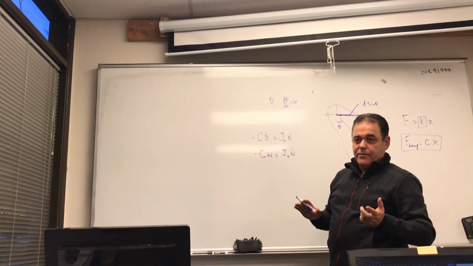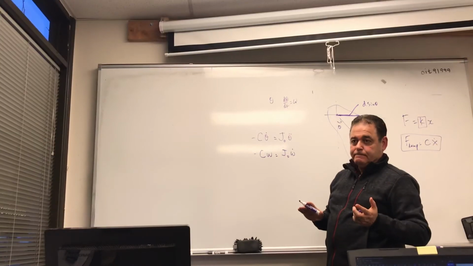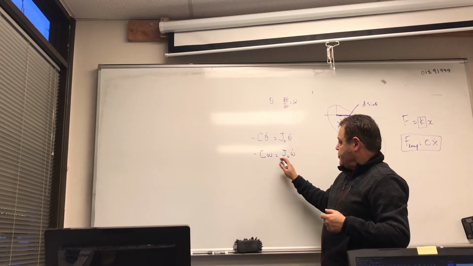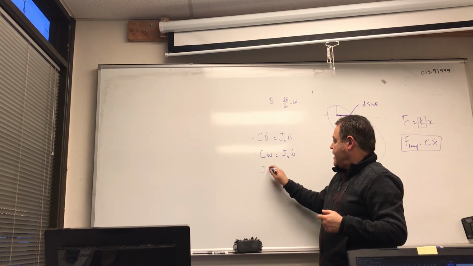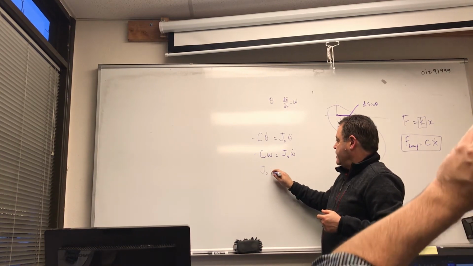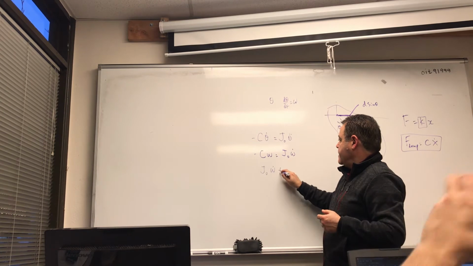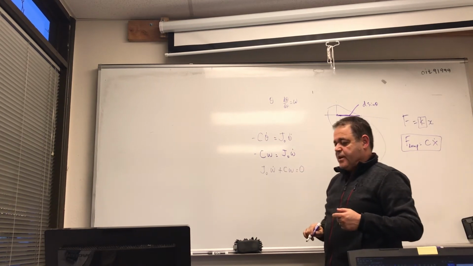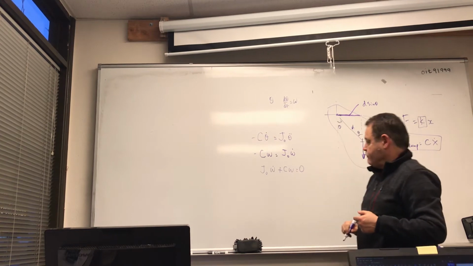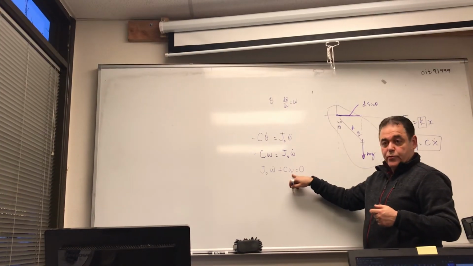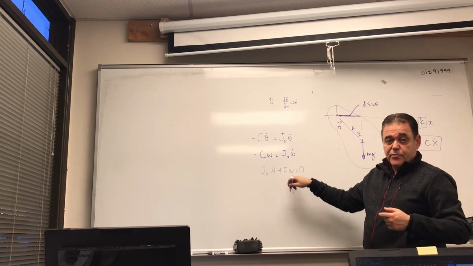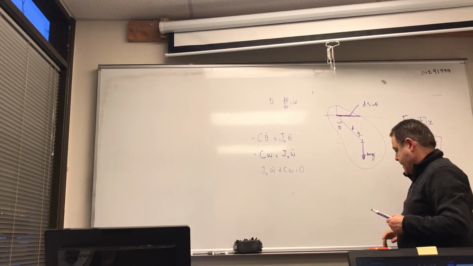We have C being negative because it's a damper resisting. So now if I put everything on one side, I get J naught omega dot plus c omega is equal to 0. Okay? A first order differential equation. What is the method that we typically use to solve a first order differential equation?